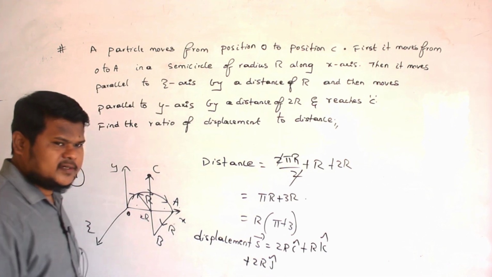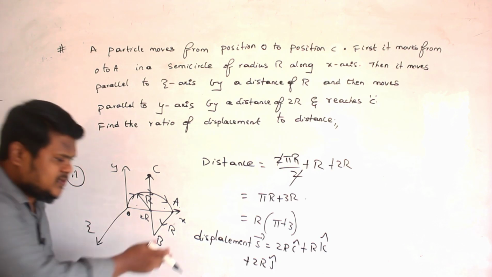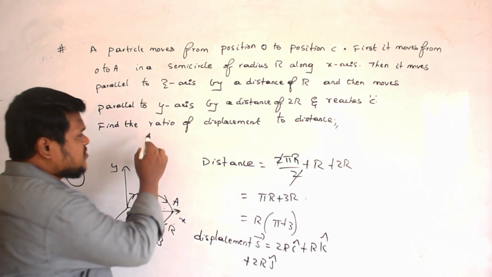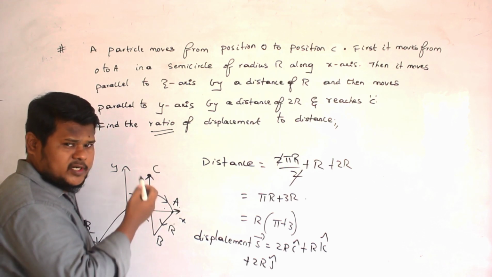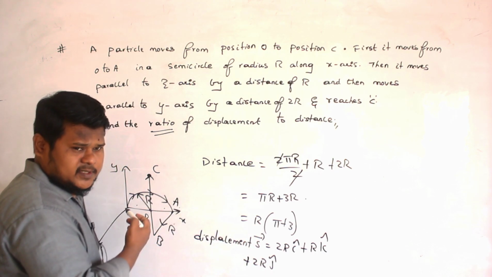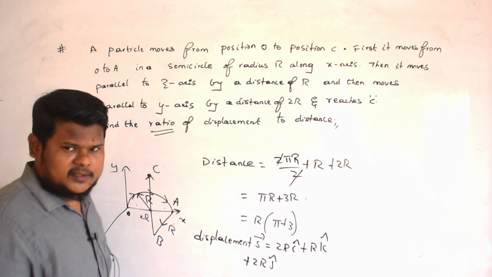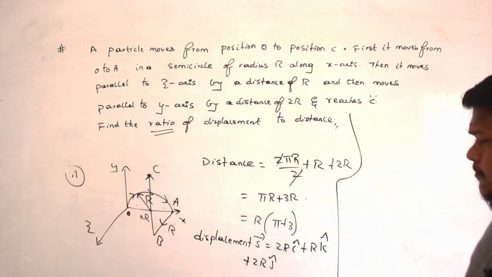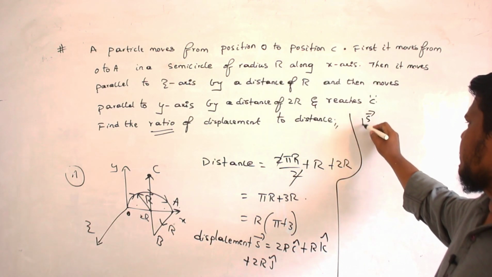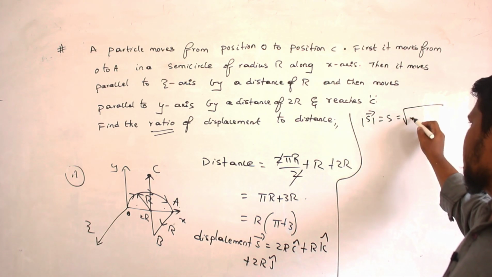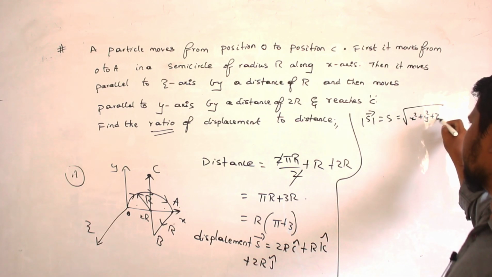Unit vector along y-axis is nothing but j cap. So this is my displacement equation. Okay. But he is asking us to find the ratio, no? It means I need to find the magnitude of this displacement. How to find the magnitude of a vector? So magnitude of displacement, or you can write S is equal to square root of x square plus y square plus z square.